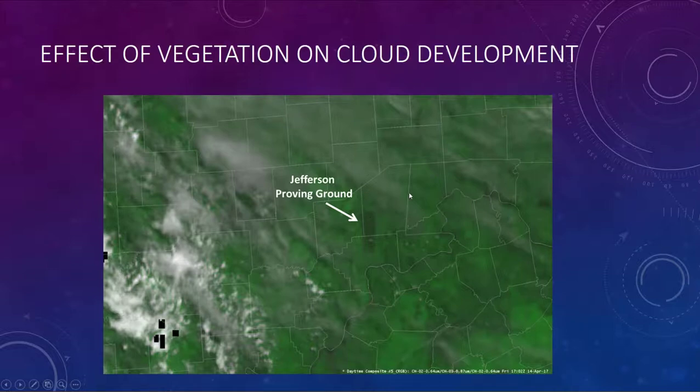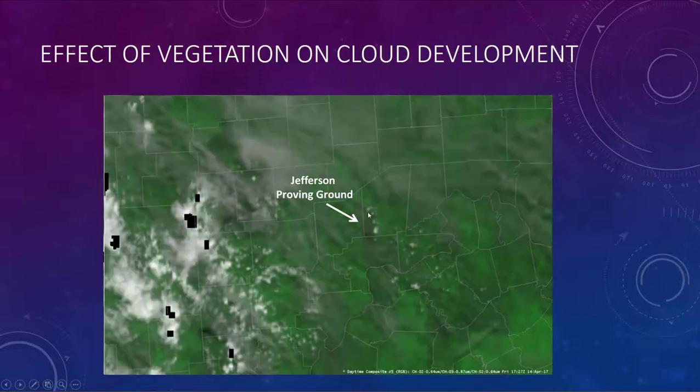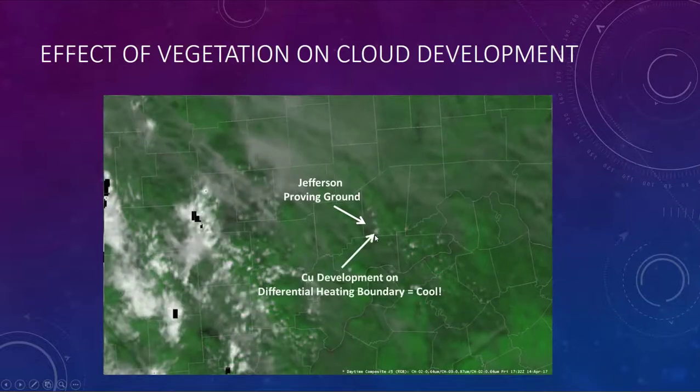And as the day went along, we noticed right along that boundary was where the cumulus field was beginning to develop. So you had a little bit of a differential heating boundary in that area, and that's where your clouds were forming. So we're going to see all of this microscale meteorology stuff in the future, and it's just a really exciting time for us to be able to work on the forecast side and see all of these things.